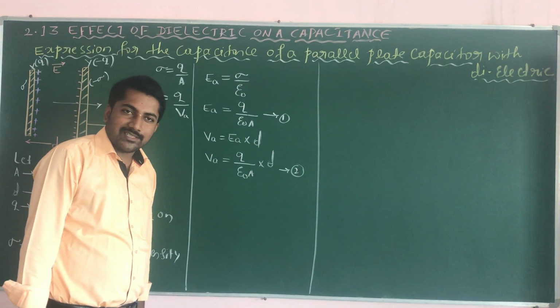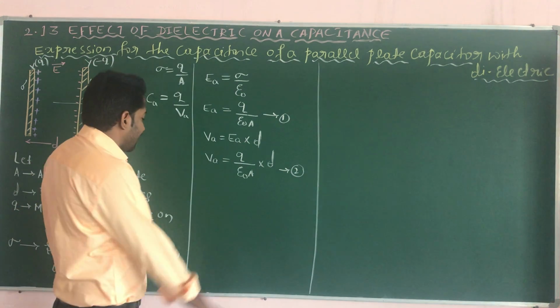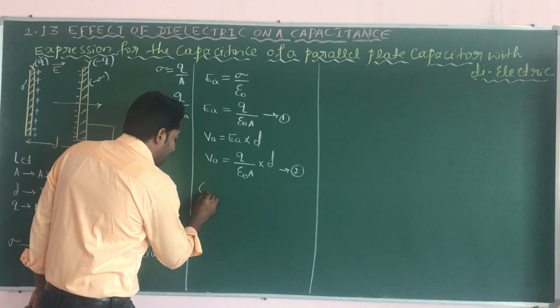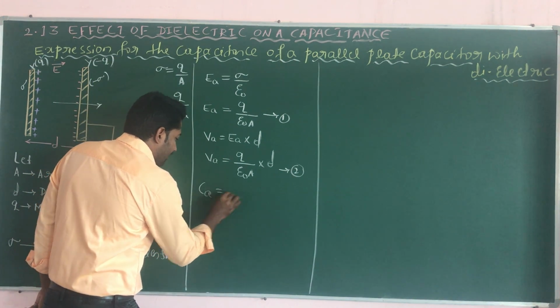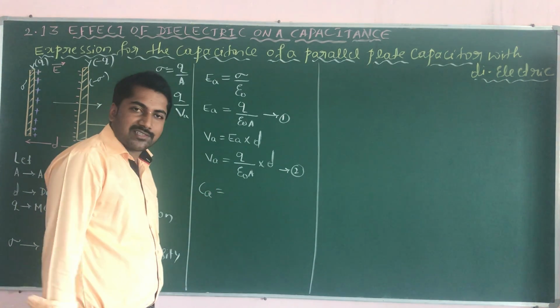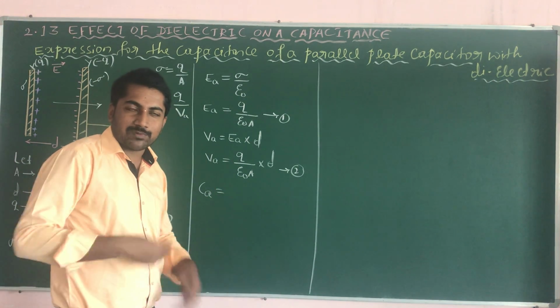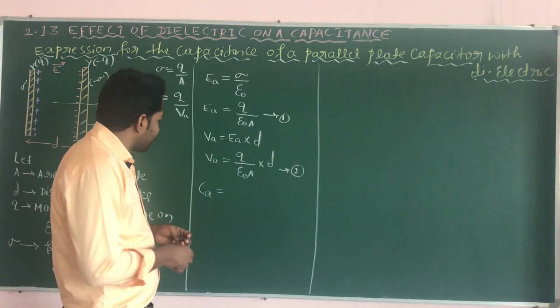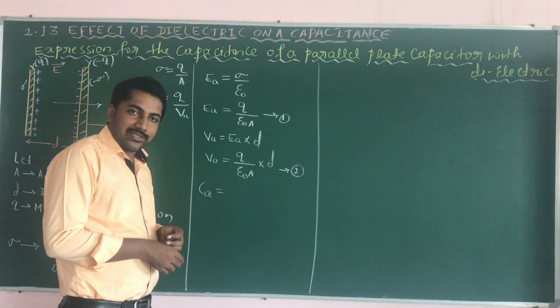Now we get the capacitance of a capacitor in air or vacuum. Sometimes we also write this as C_0. In some textbooks they use C_0, and in some they use C_a.